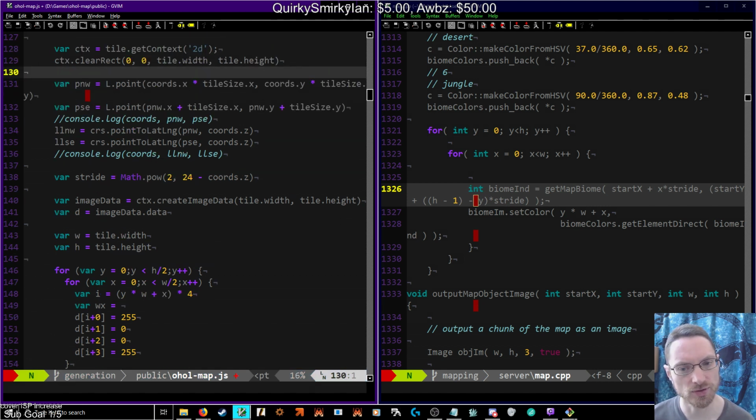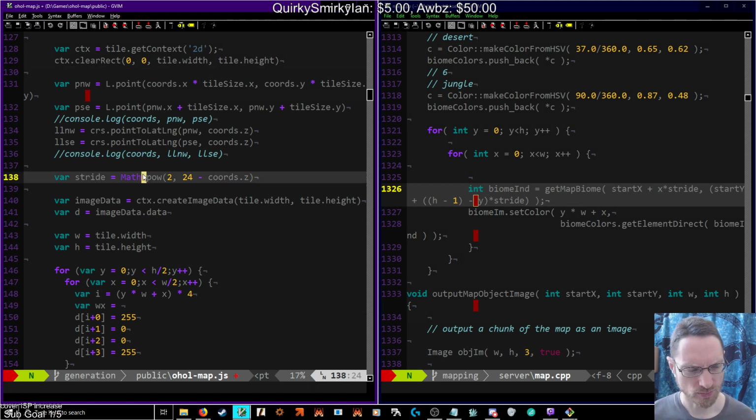So if we're inverting that, so we're probably tiling in world coordinates.